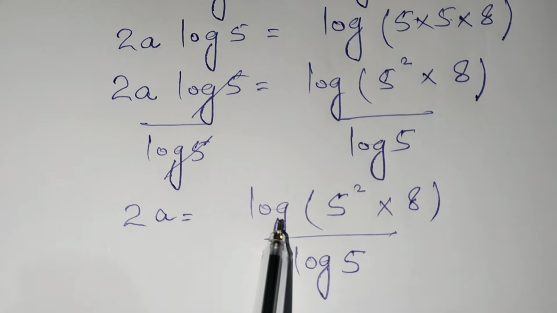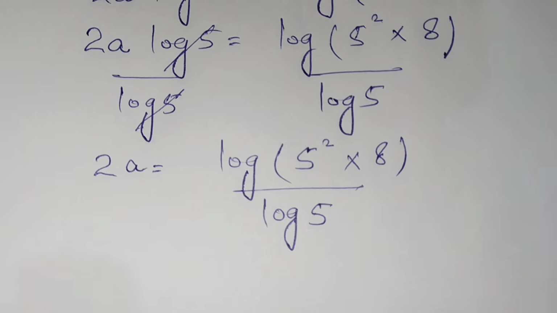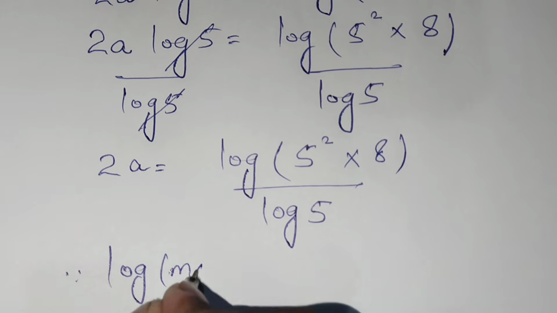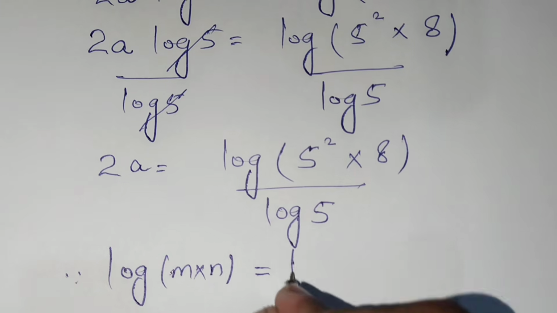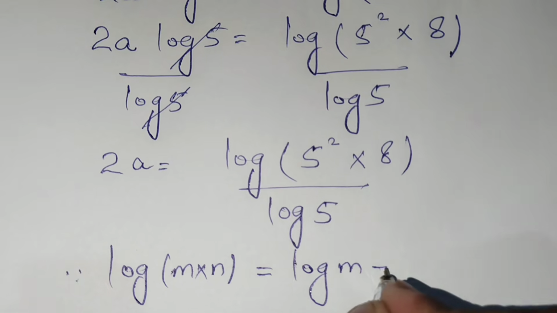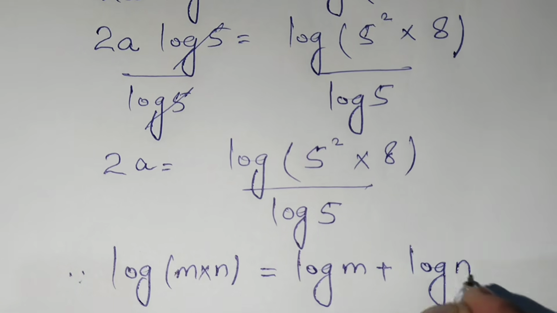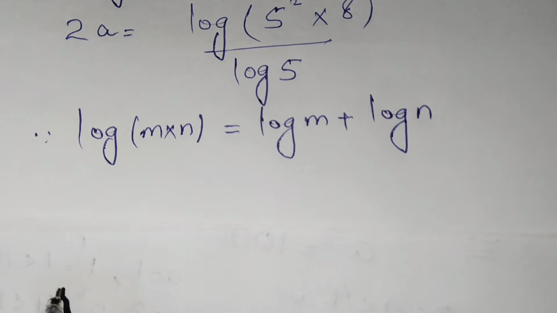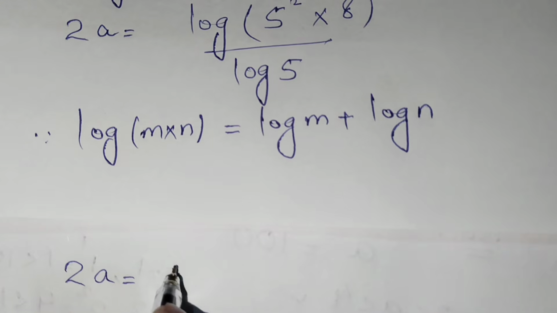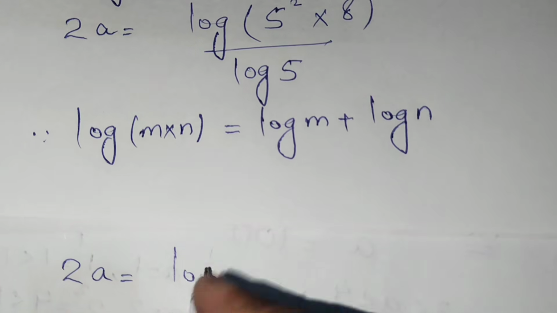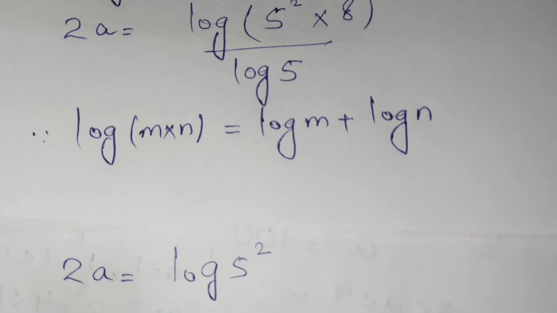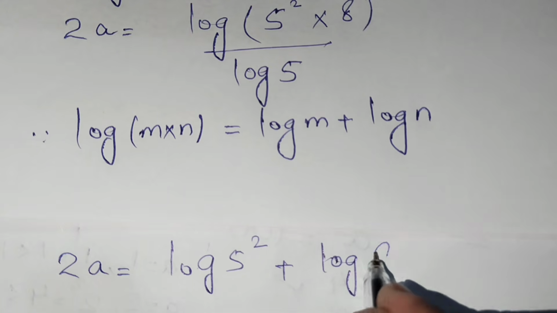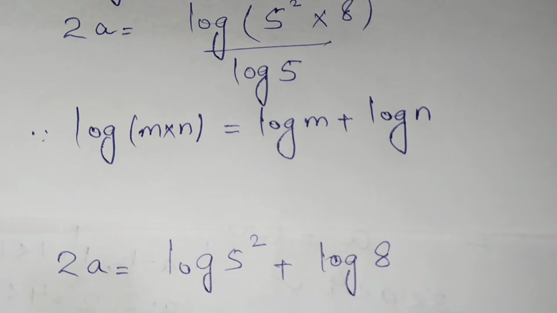We will use a formula of log, the product rule. Log of m multiply n is equal to log of m plus log of n. So the equation will be 2a equals log of 5 square plus log of 8, divided by log of 5.